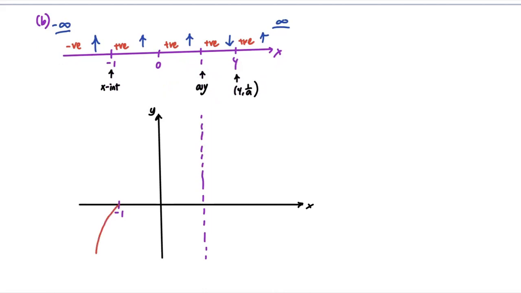Positive going up means like that. Positive going up means like that. Positive going down means like that. Positive going up like that. And then label everything. So here, this is 0, 2. Here, this is 4, 1 over e. And that's your answer.